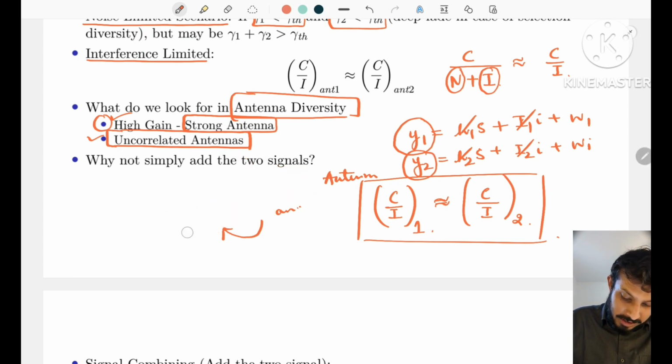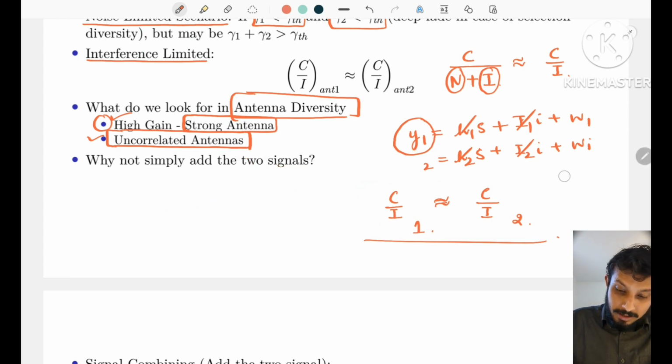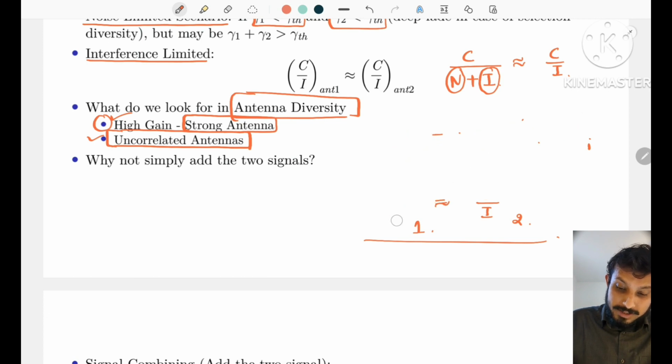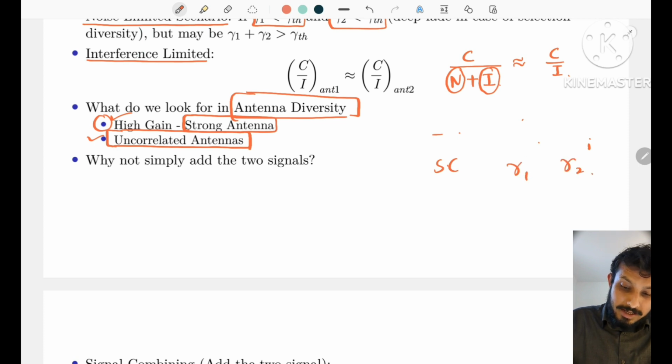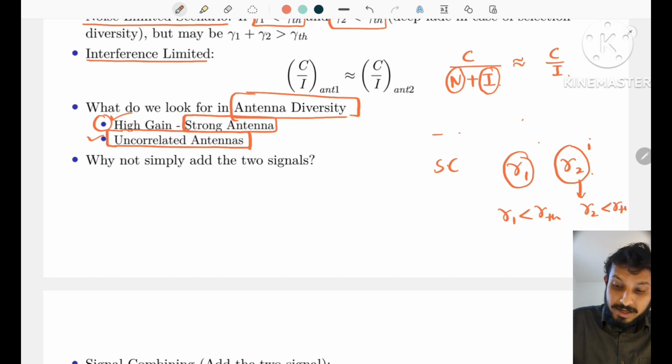So now the question is, why do we take trouble while selecting the signal? In selection combining, we have gamma 1 and gamma 2, and we select whichever is higher. There are cases we have seen where gamma 1 is less than gamma TH and gamma 2 is also less than gamma TH. So in this case, we are in trouble.